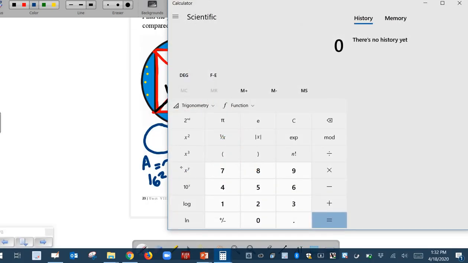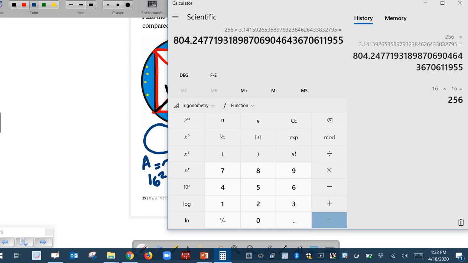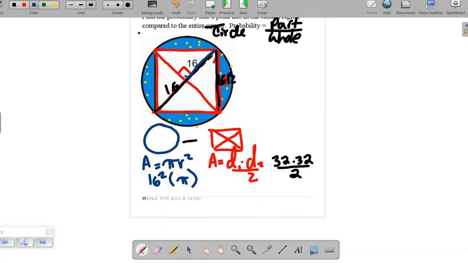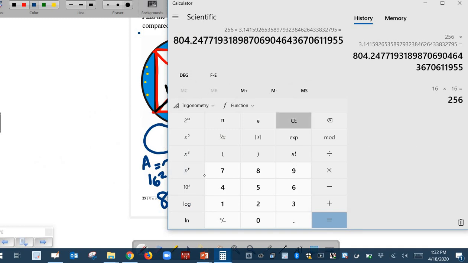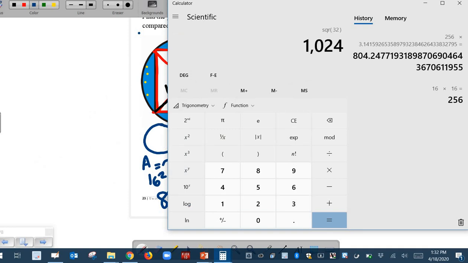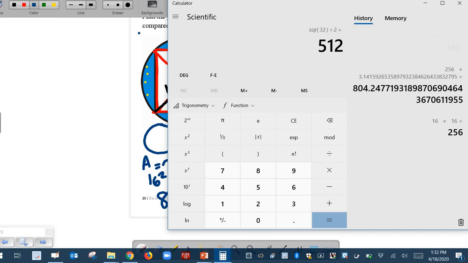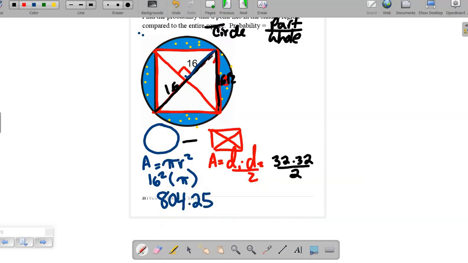So first off, I'm going to go 16 times 16 times pi, 804.25. So our total area of the circle is 804.25. Now come over here. We're going to do the 32 squared divided by 2. You get 512.